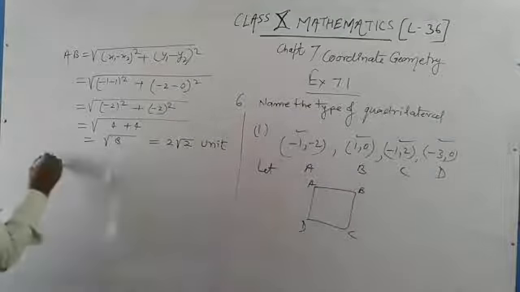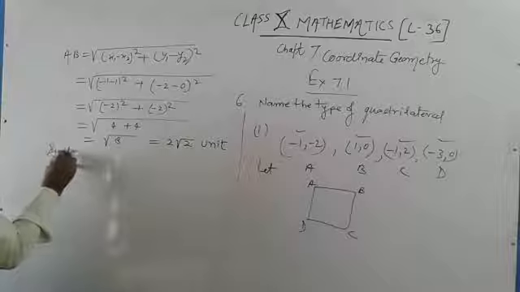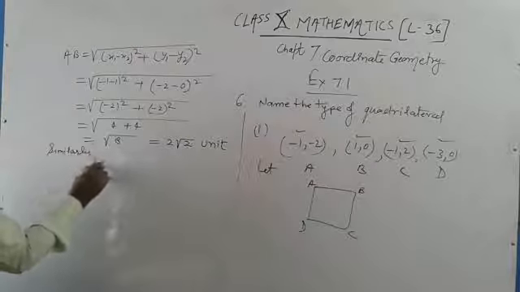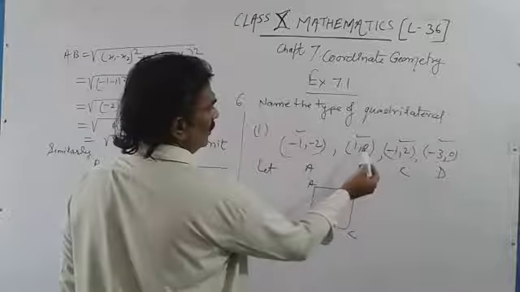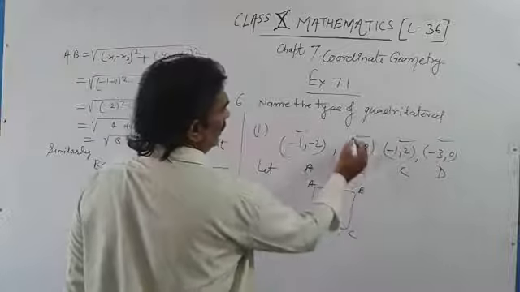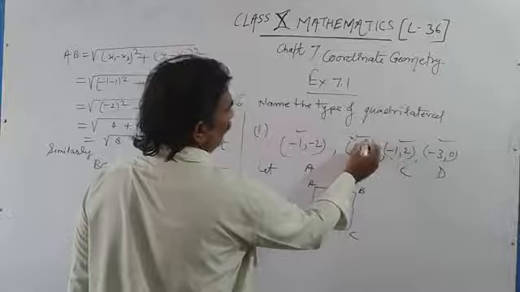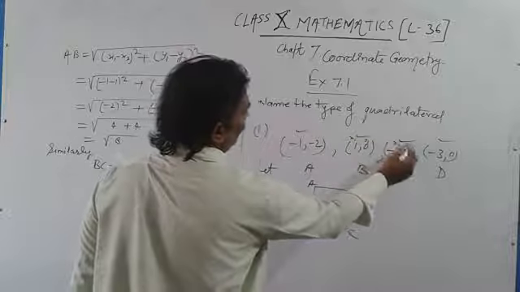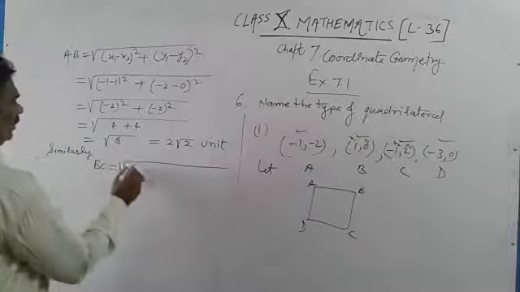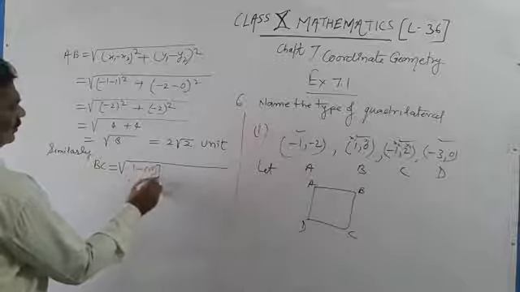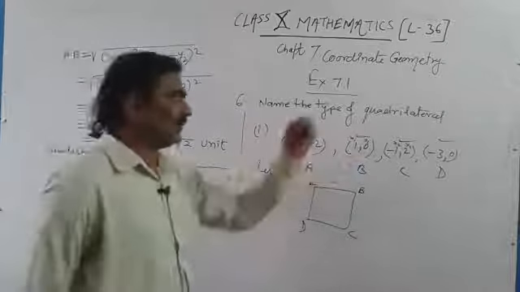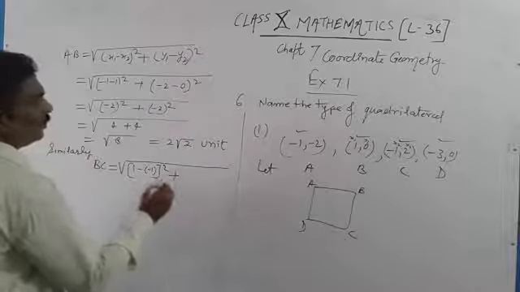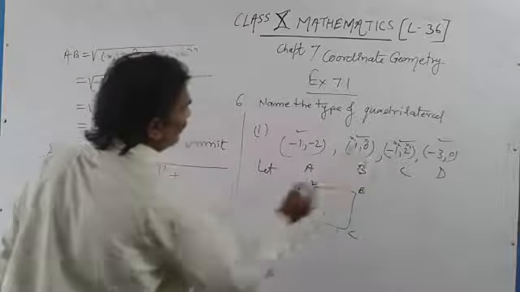Similarly, we will find BC using the same formula, with x1, y1 and x2, y2 for BC. So (1 minus (-1)) whole square, that is x1 minus x2, and x2 is already negative, plus y1 minus y2, 0 minus 2.